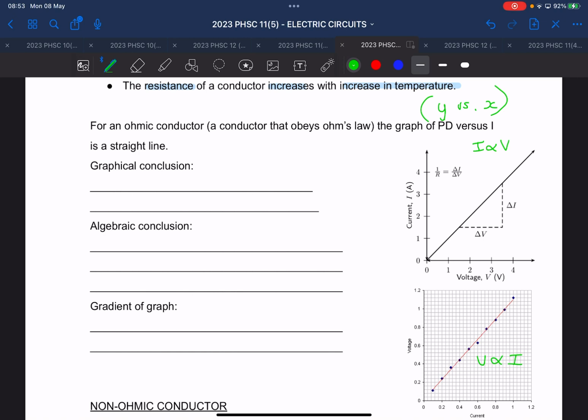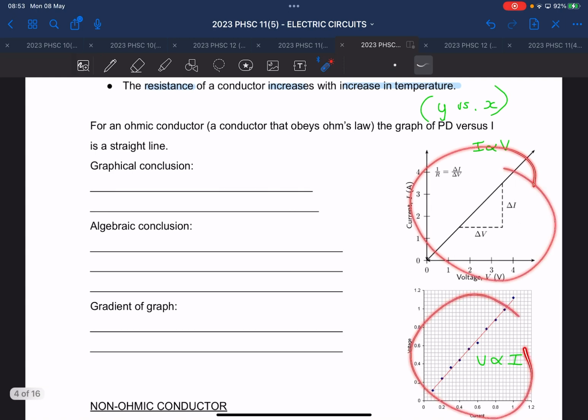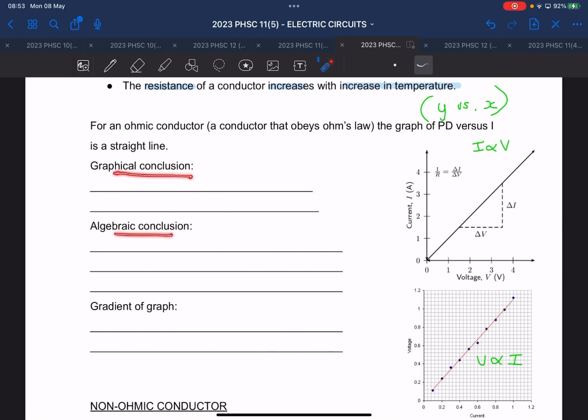Why are you giving us two graphs? You'll see in a moment. From these graphs, we can get two types of conclusions, a graphical conclusion and an algebraic conclusion. Algebra means letters, numbers, formulas, y, x, b, a, whatever. Graphical means the shape of the graph.